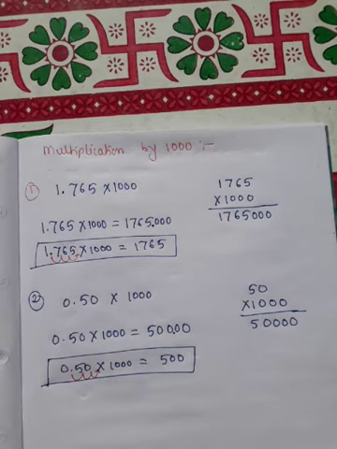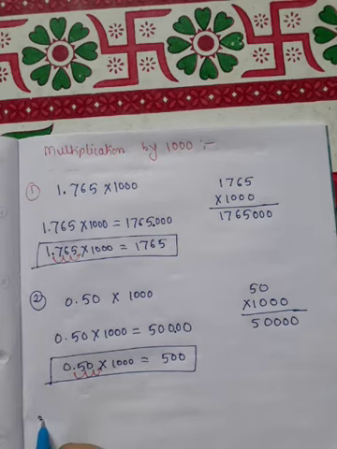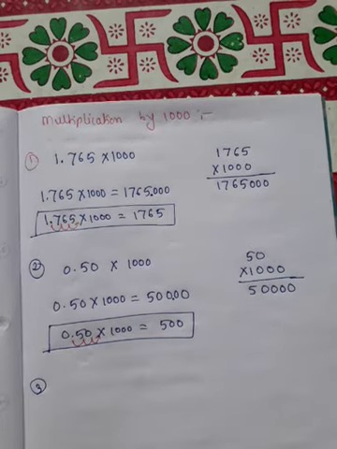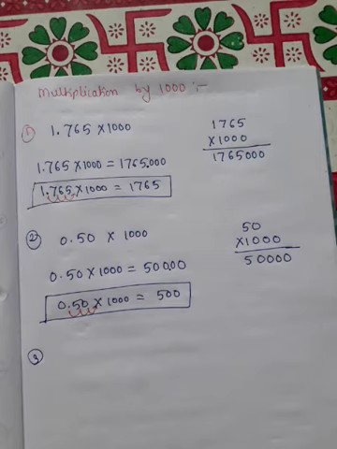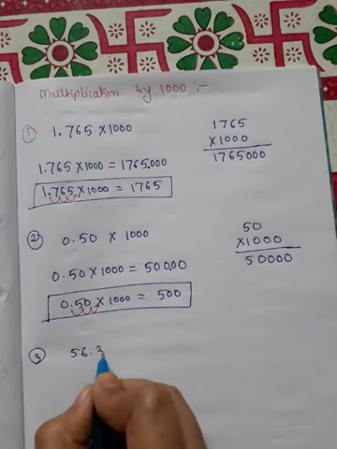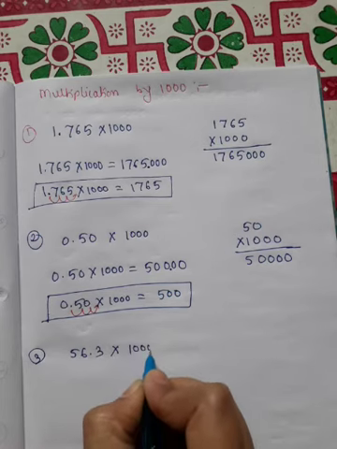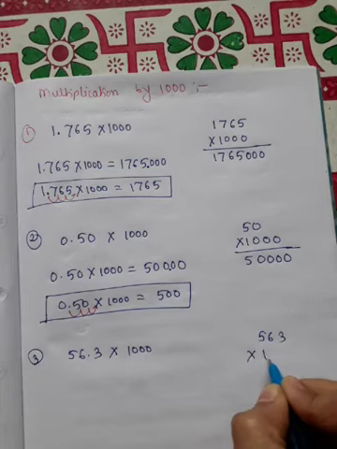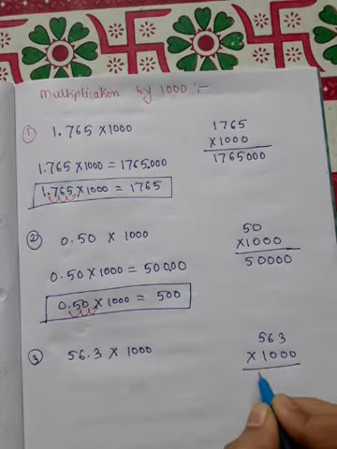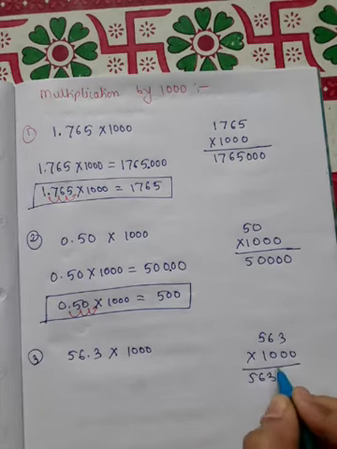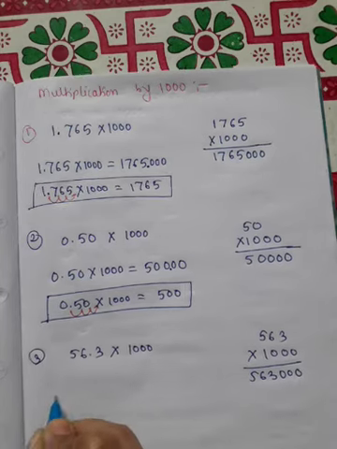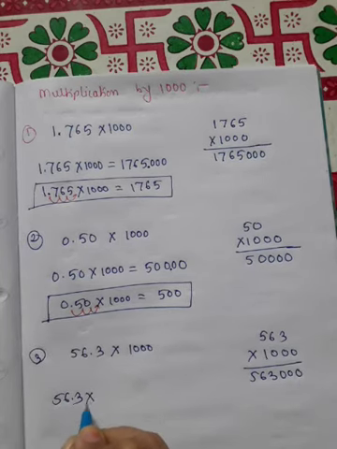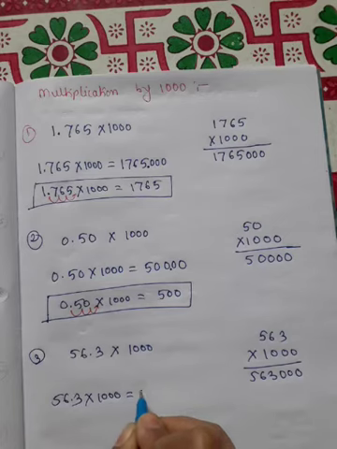Okay, now example number 3, 56.3 into 1000. So ignore the decimal point and multiply. So we get 563 into 1, 563, and there are 3 zeros. So 56.3 into 1000 is equal to 563,000.